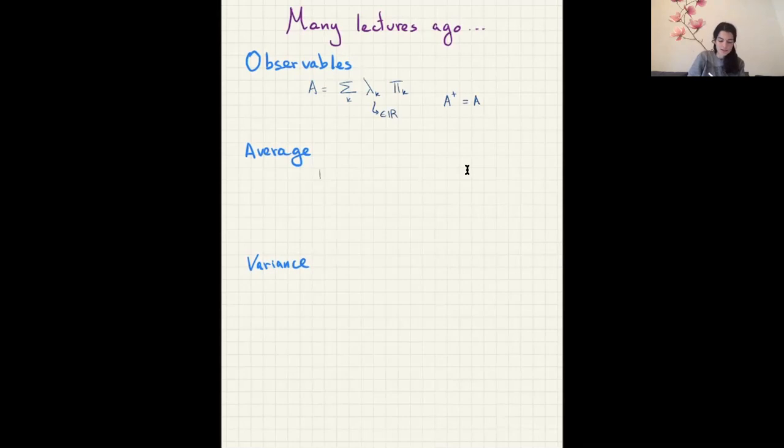And we saw that the average of an observable for state rho is just the trace of A rho, which in the case of pure states became just that. And the variance was defined like this.